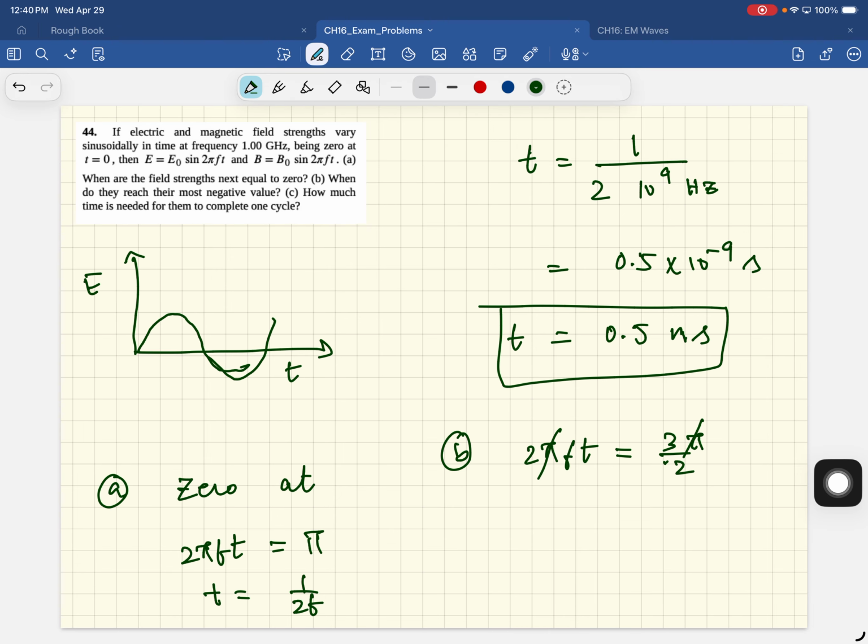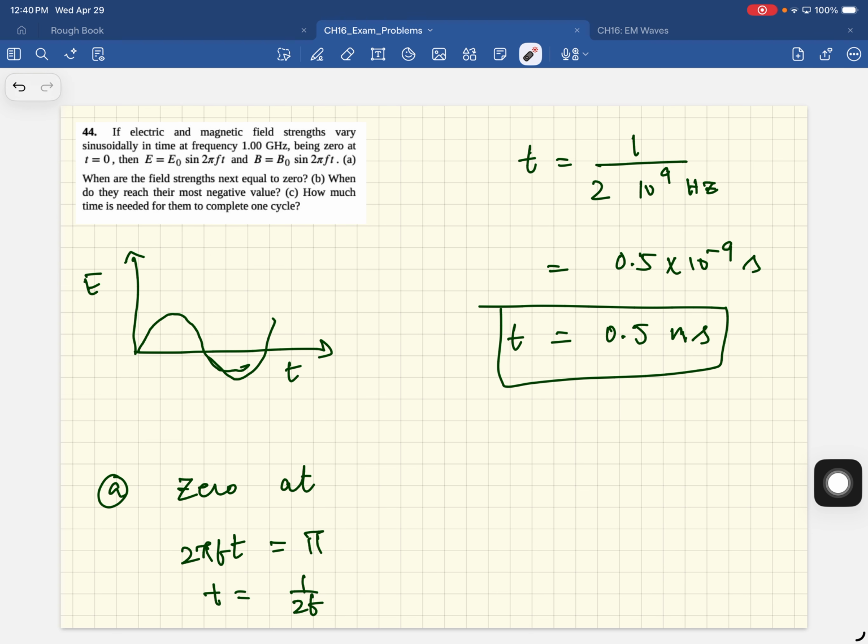And so t equal to 3 over 4f. And again, f is a gigahertz, so that gives you the 10 to the minus 9, and 3/4 is 0.75 nanoseconds.